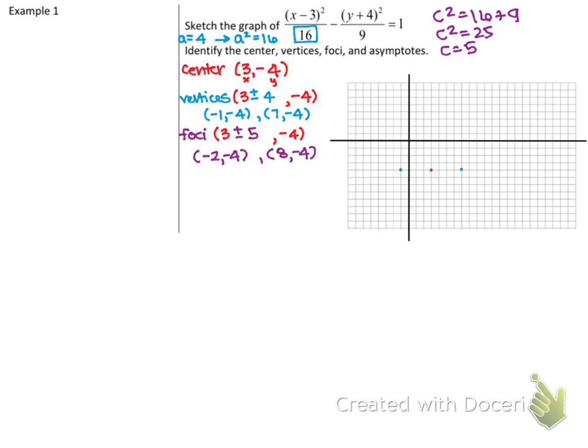Remember that this should be further away from the center than the vertices are. So I've got 2, negative 4, negative 2, negative 4, so that's a focus. That's a focus. This is a vertex. That's a vertex.